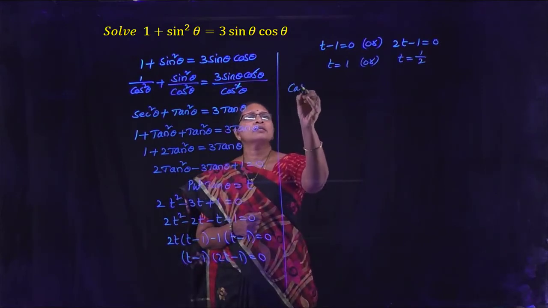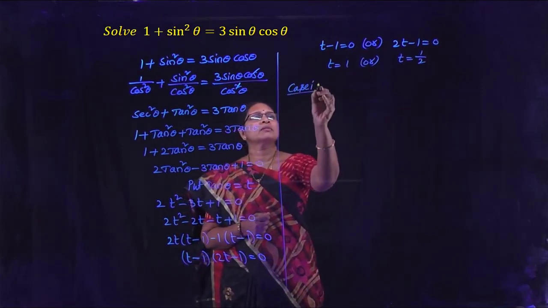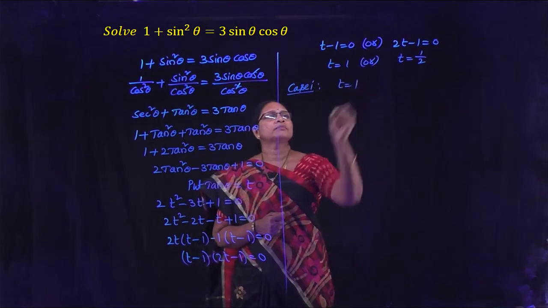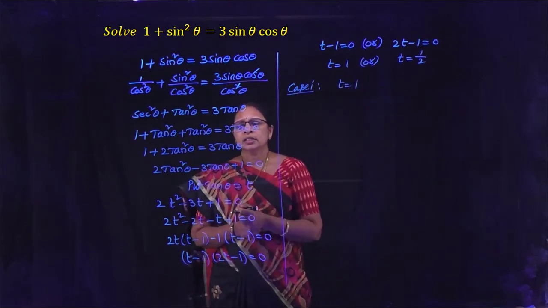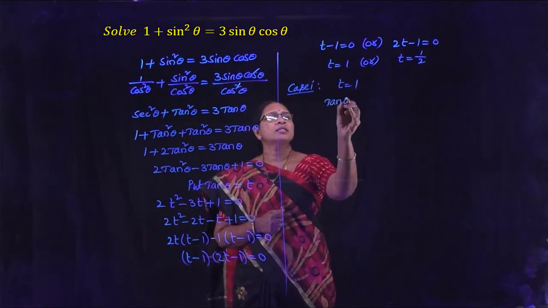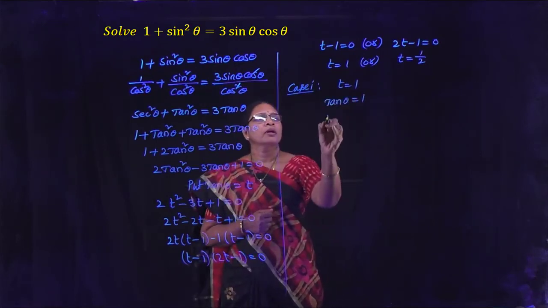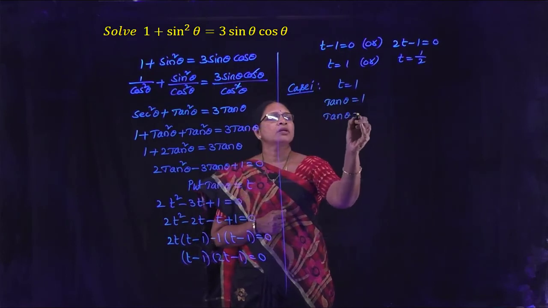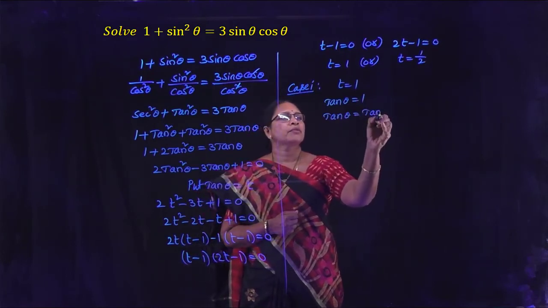Case 1, if t equal to 1, we know that tan theta equal to t. Here tan theta is 1. Tan theta is equal to tan pi by 4.